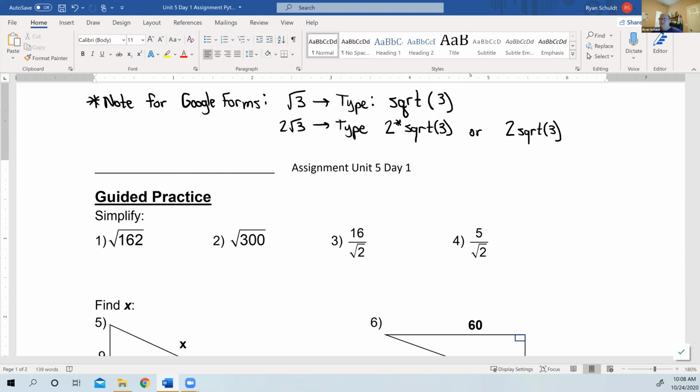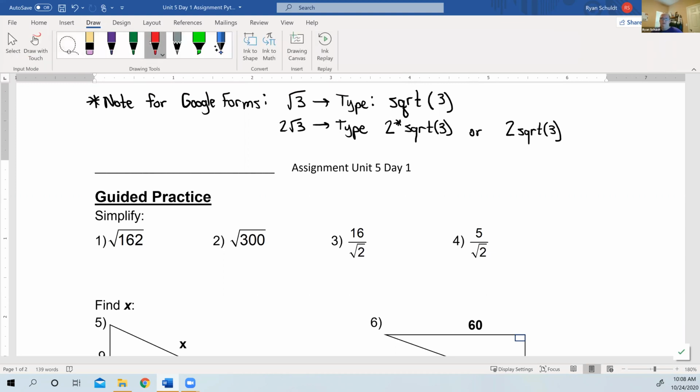Do not give me 3 here. I'll count that wrong. Do not give me 2 times 3 or 2, 3. I'm going to count that wrong. You have to do it like this.